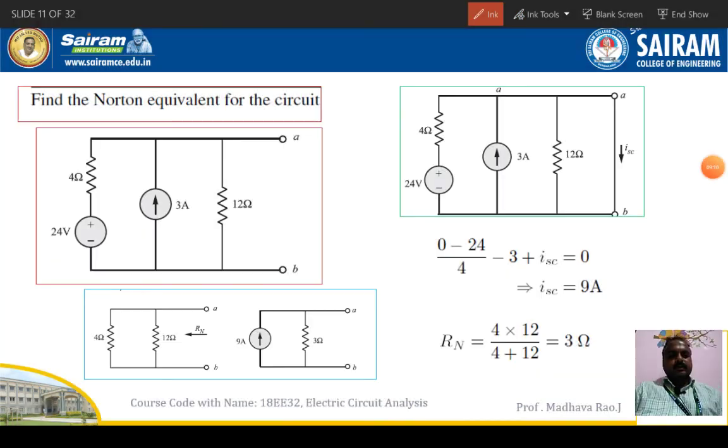Okay, so once again we will see the problem. Find the Norton's equivalent for the given circuit. First we have to follow the steps and find the Norton's equivalent circuit. First we have to short circuit between the A and B terminals.